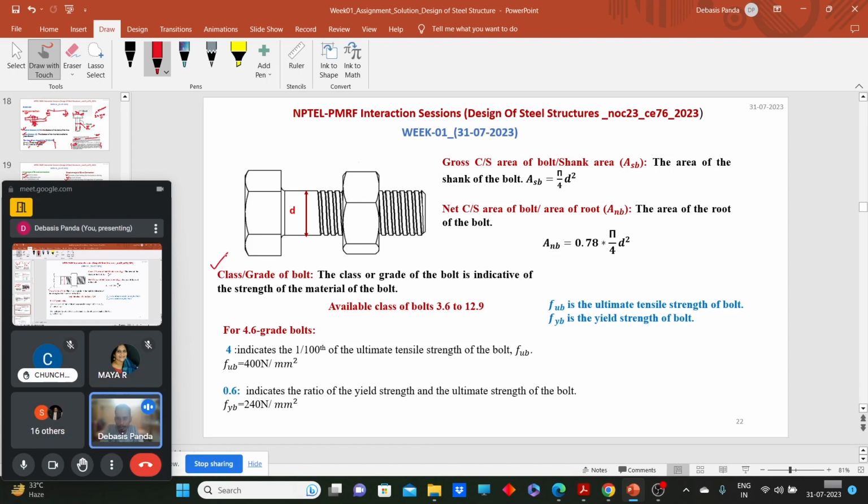So using that grade and class of bolts, we can find out the ultimate and the yield strength of the material of the bolt. We know the strength of the plate, like Fe 410.